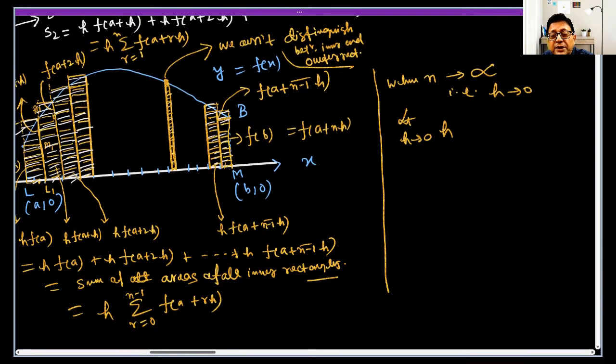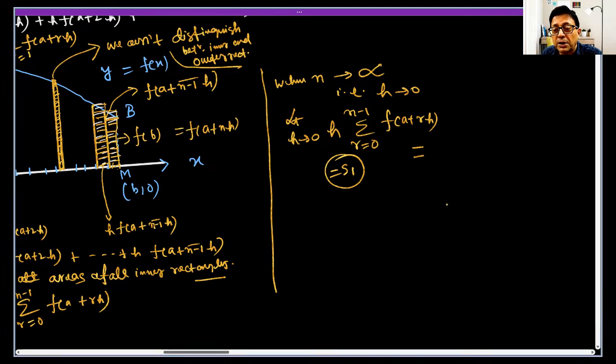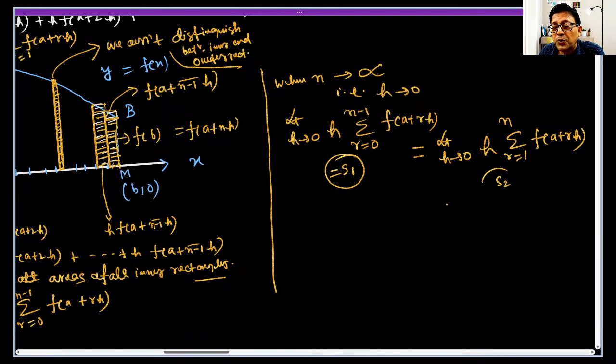When n tends to infinity, that is h tends to 0, limit h tending to 0, sigma r equal to 0 to n minus 1 f of a plus rh, which you have taken as S1, will be equal to limit h tending to 0, h sigma r equal to 1 to n f of a plus rh, which is nothing but S2.